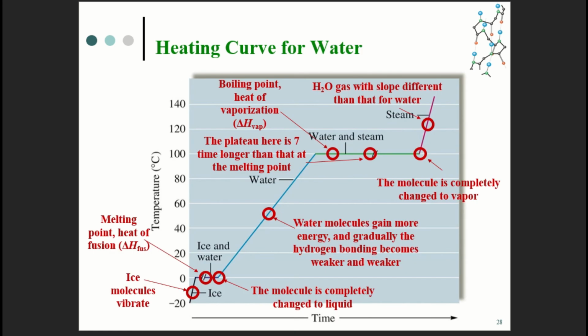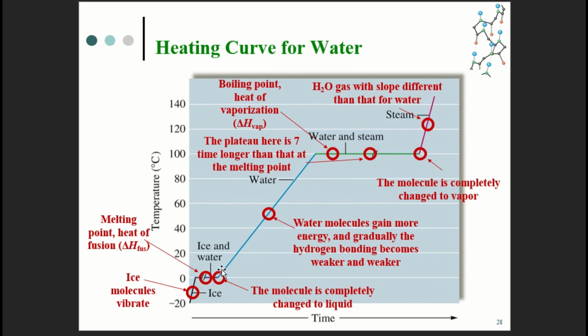From the solid part, ice, when the temperature gets higher, the molecules of ice vibrate. When it reaches the melting point, the molecules of solid ice start to melt. There is a duration of time until it completely changes from solid to liquid.